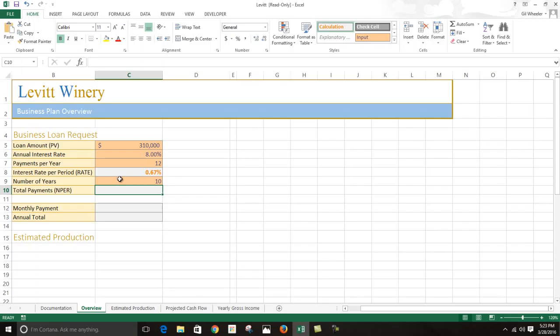So our formula will be equals C7 times, and remember that to multiply, it's the asterisk key that's above your number 9 key on the keypad. So it's going to be equals C7 times C9, and that will give us 120.